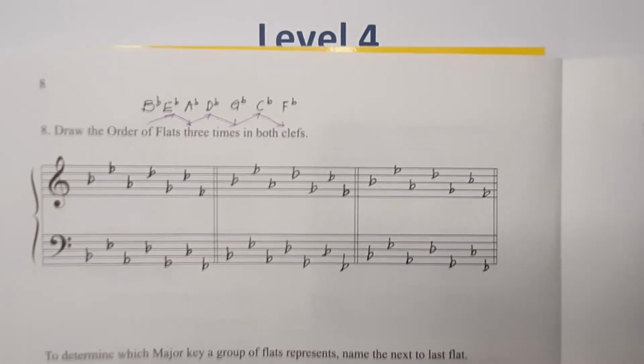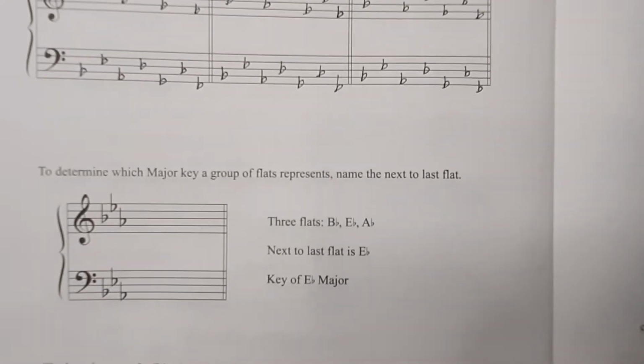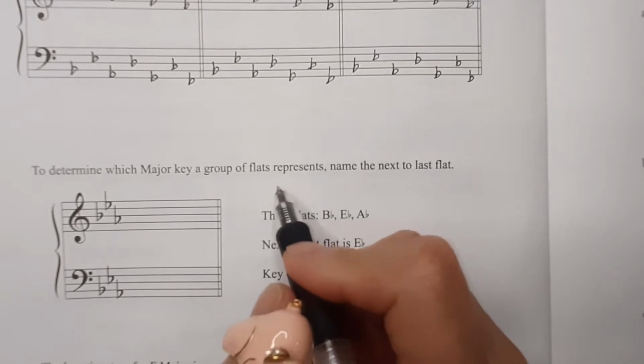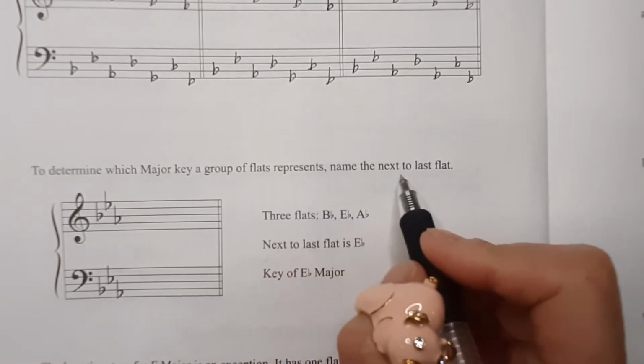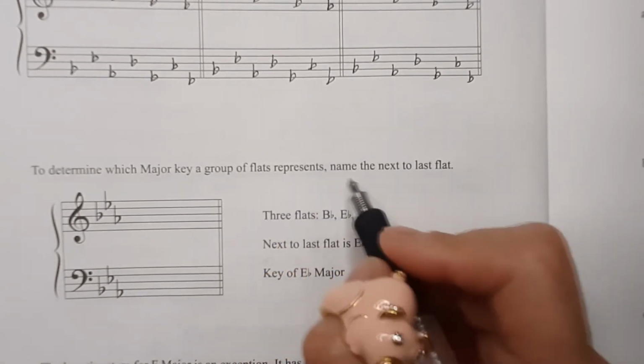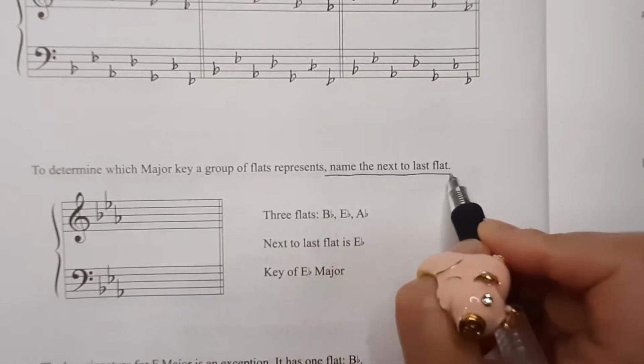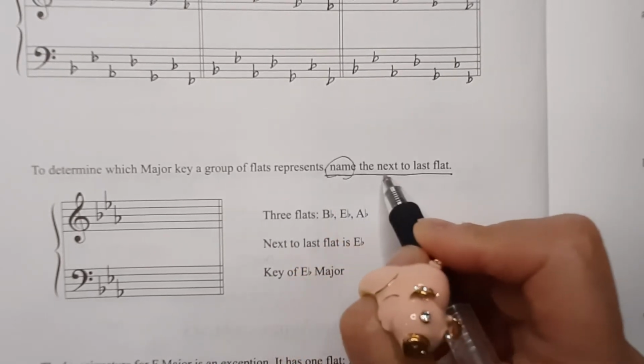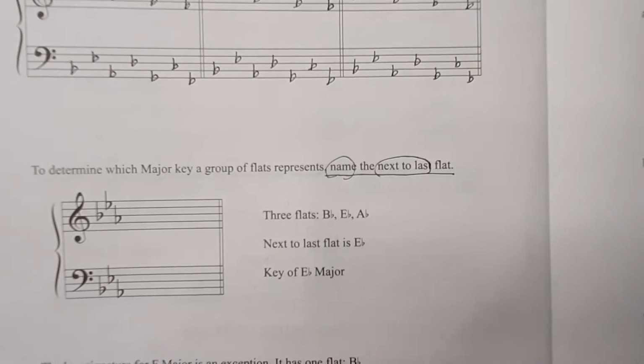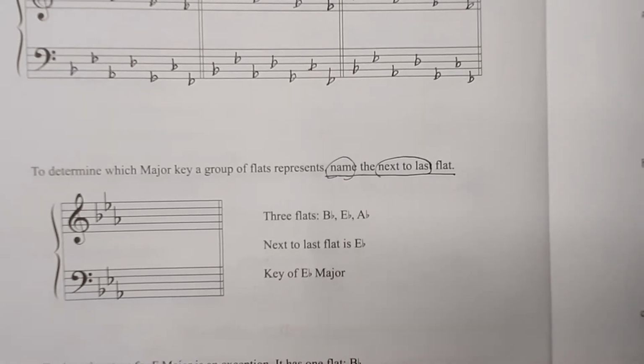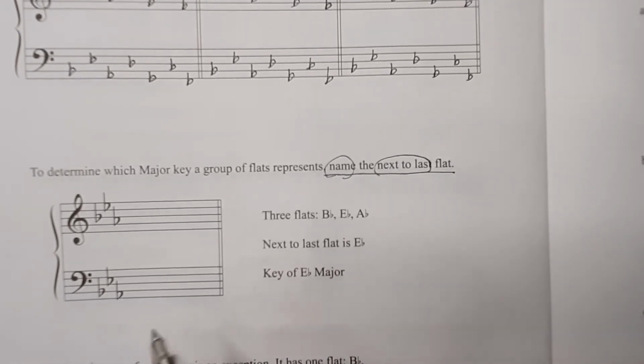Okay, now, to determine which major key group of flats presents, name the next to last flat. That's what you want to remember. Okay, so this is what I'm going to show you now.